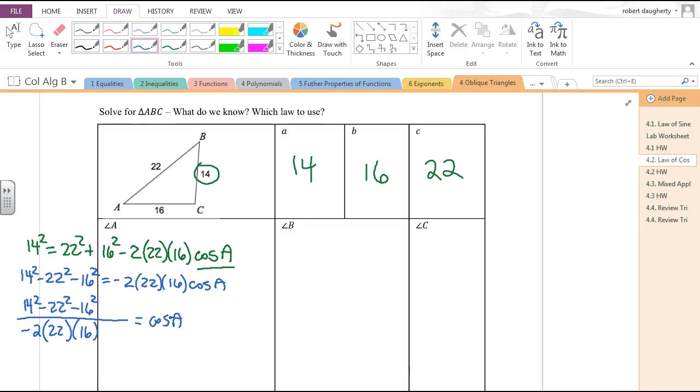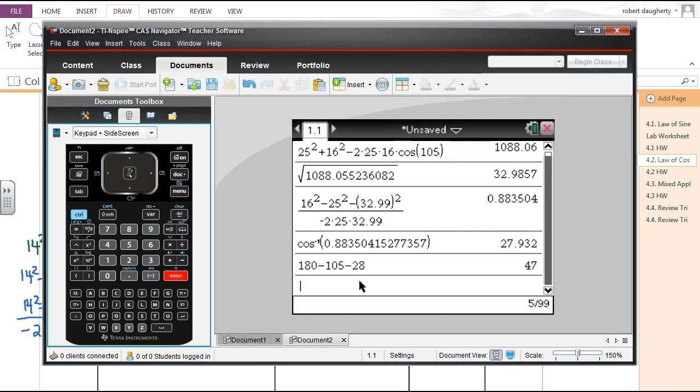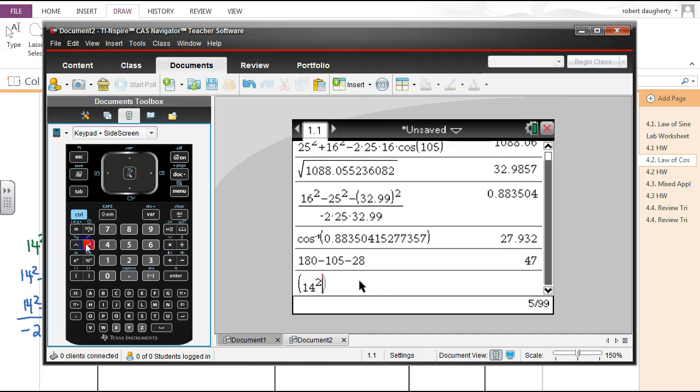Okay? So 14 squared. Be careful with this since it's a fraction. I'm going to put the top of the fraction, so I start a parentheses. 14 squared minus, what was it, 22? 22 squared minus what? 16 squared. That's the top of my fraction. I'm going to divide it by another parentheses. The bottom of my fraction is what?